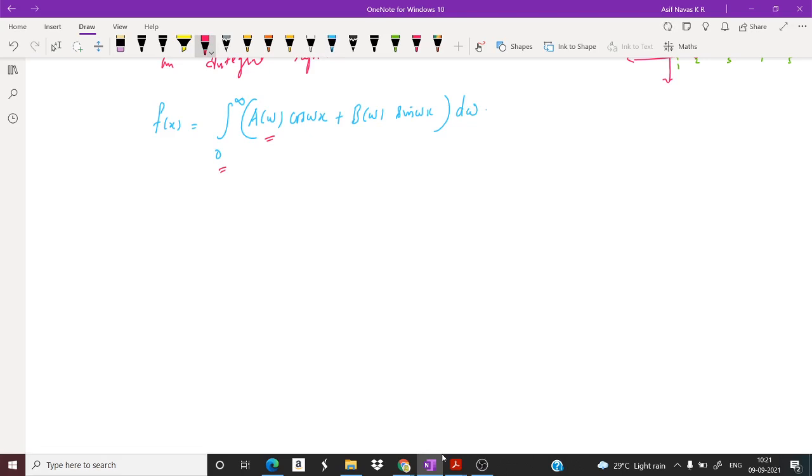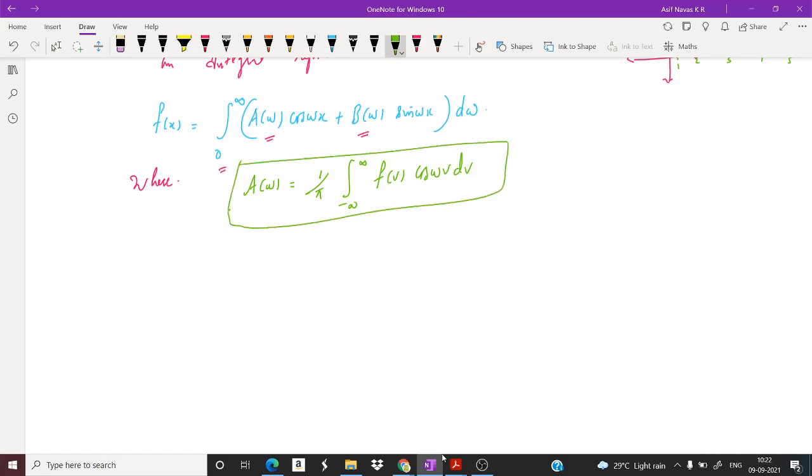Instead of a n, we have a function a of omega, and instead of b n, a function b of omega, where a of omega is 1 by pi integral minus infinity to infinity f of v cos omega v dv. Similarly, b of omega is equal to 1 by pi integral minus infinity to infinity f of v sin omega v dv.